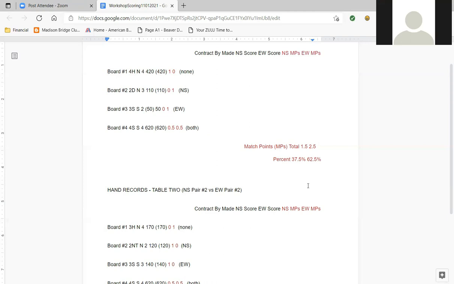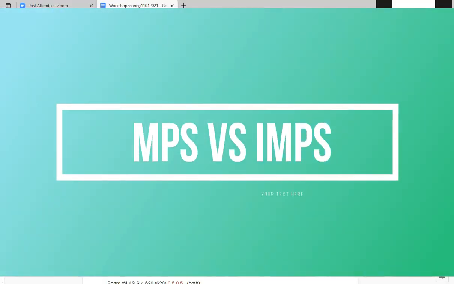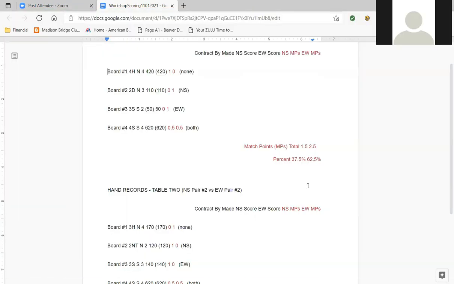Yeah, duplicate bridge can also be played as a team competition, where you actually have a team. So you're playing north-south, you team up with 2 people that are playing east-west, and then you combine how you do to get your overall score. And the scoring in team competition has one additional step in it.